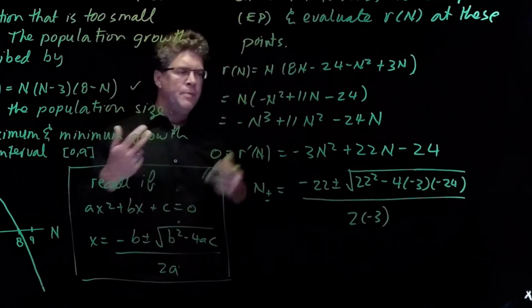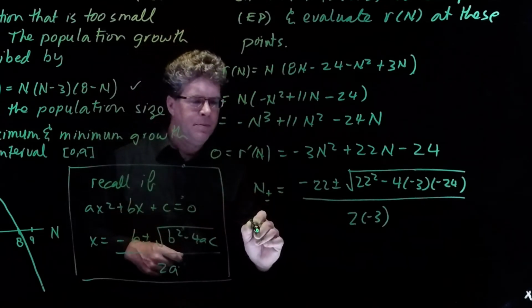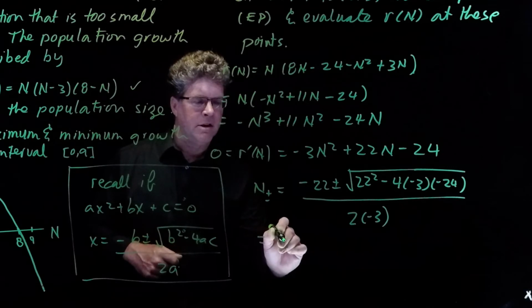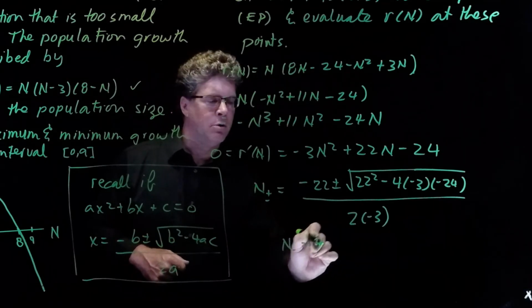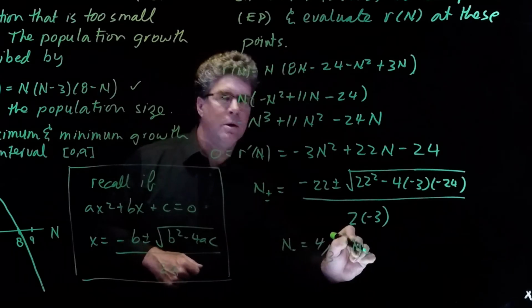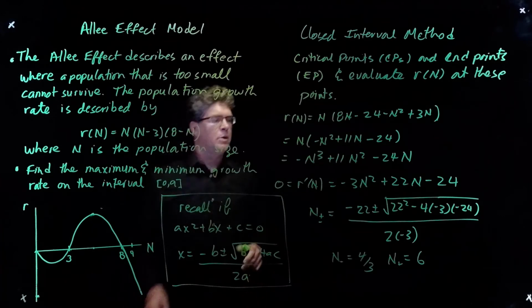Okay, so you can do this on your calculator. I'll just give you the answer here. And you should check this. So we have the lower root is equal to 4 over 3, and the upper root is equal to 6. And so these give our critical points.